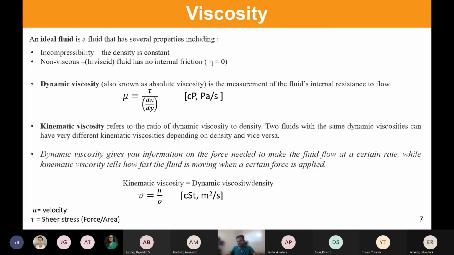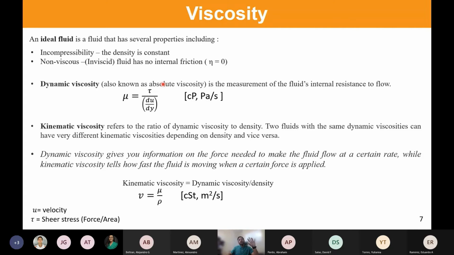Well, it's pretty straightforward. You know the outcome that you want, and you know a constant viscosity, that's a property of the fluid. So just plug them into this equation, and you get the tau, which is the stress or force over the area. So you get the force that you need.